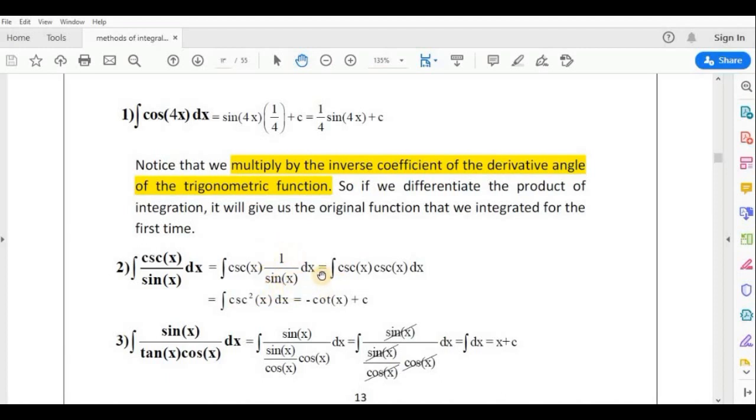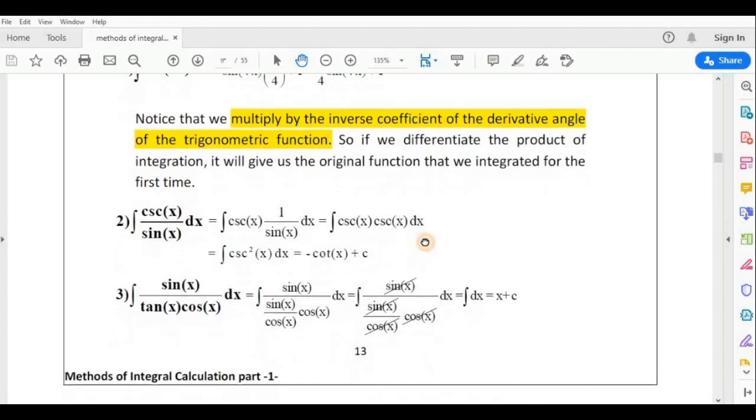So the integral will become the integral of cosec multiplied by cosec, so it will be cosec square. And the integral for this one, as we know from the previous formulas for the integrals, would be minus cotan x plus the constant number c.